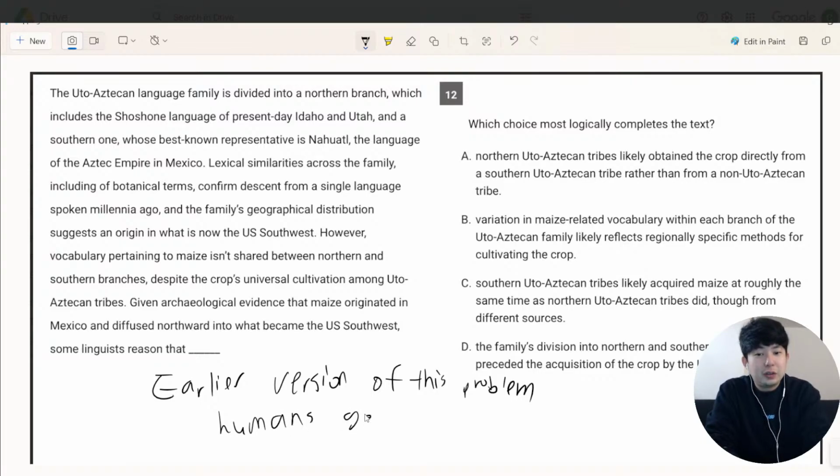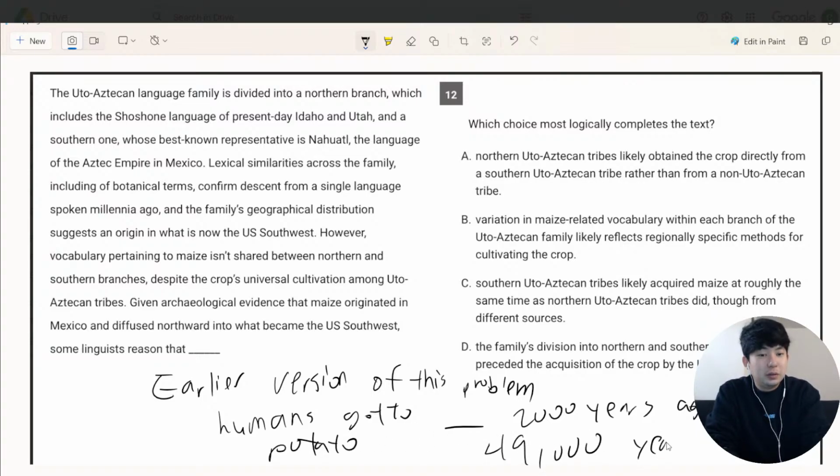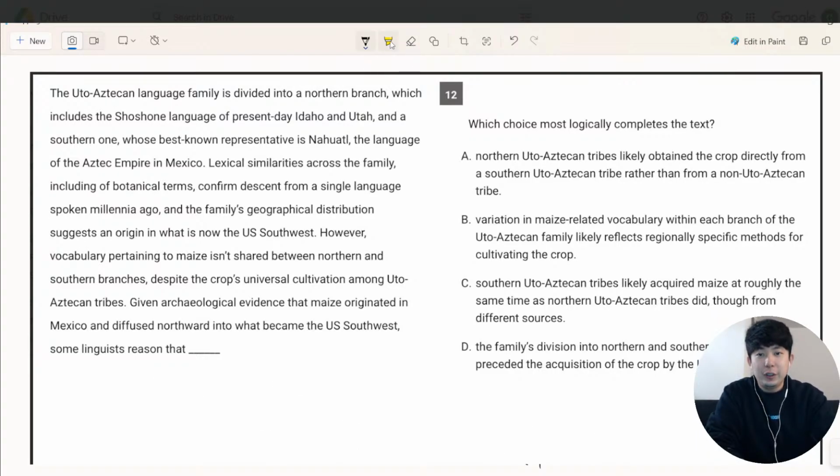Humans got to blank 2,000 years ago, but the potato got there like 49,000 years ago. Therefore, the conclusion here is that humans didn't bring the potato; the potato got there first. So that logic is what they're doing again here.